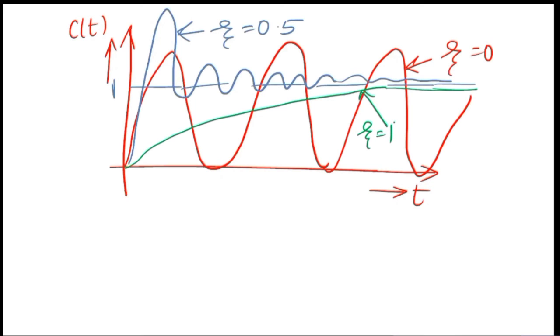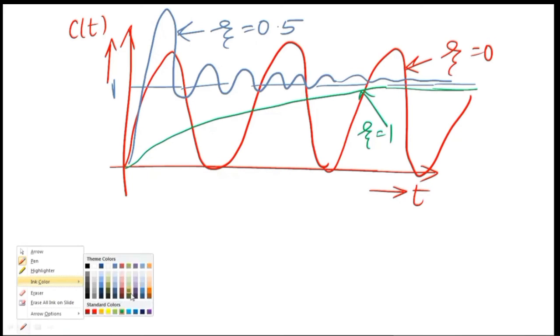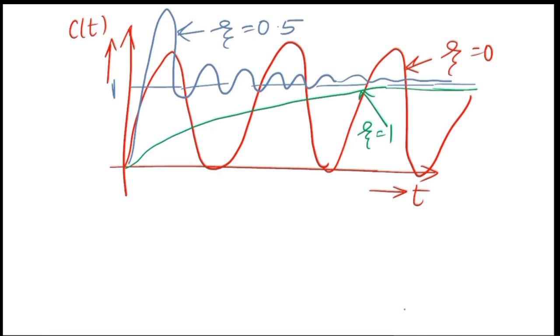If zeta value is further increased beyond 1, the response will be like this, if zeta value is much greater than 1.